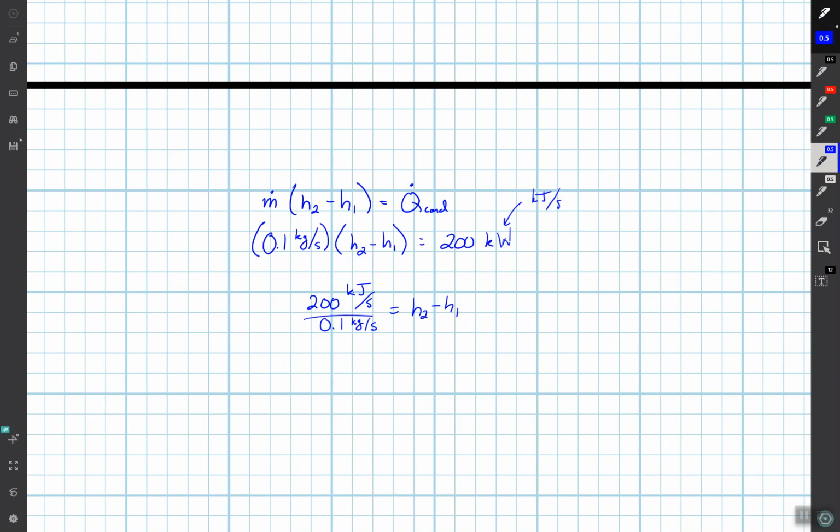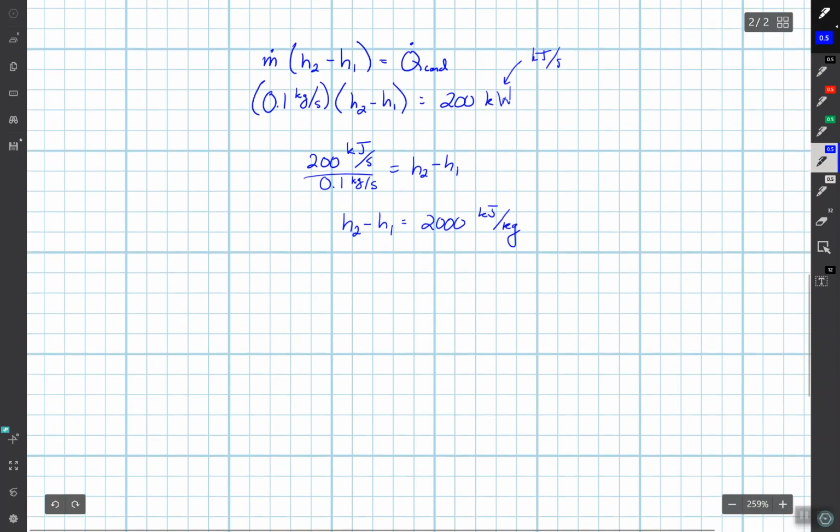So the seconds will cancel out, and we get that H2 minus H1 is equal to 2,000 kilojoules per kilogram. Okay, so that's the change in enthalpy we have from the outlet minus the inlet. So we're going to be having a change there of 2,000 kilojoules per kilogram.